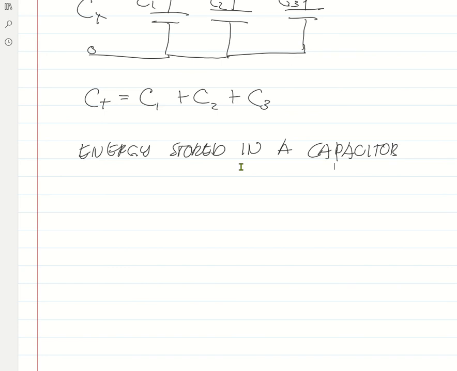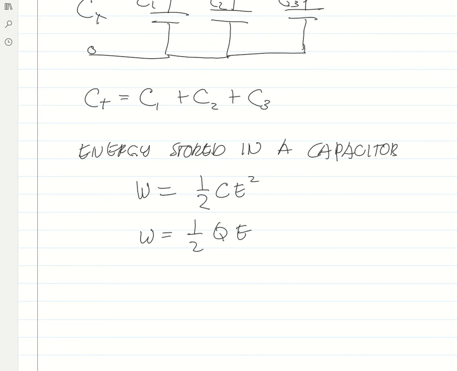It only stores energy. So the energy that is being stored, let's call it W, for a capacitor is just equal to 1/2 the capacitance multiplied by the voltage squared. Another way to solve this, if you don't know the capacitance, in terms of the charge, is 1/2 Q times E. Why times E?